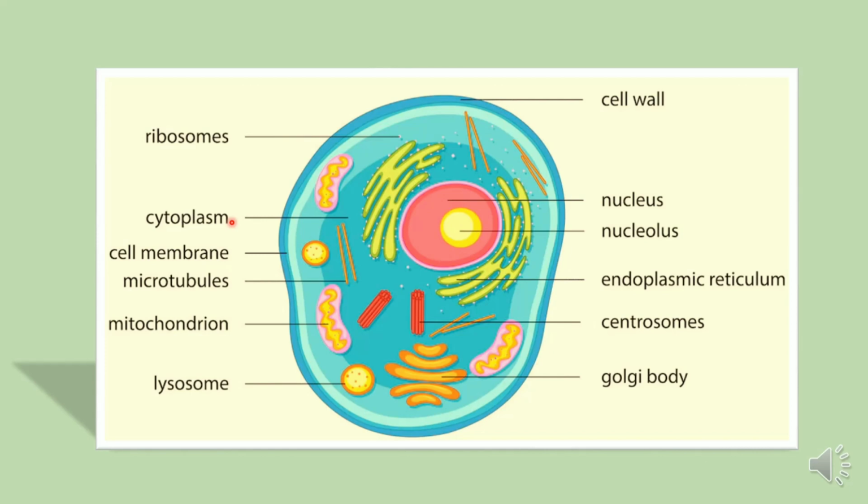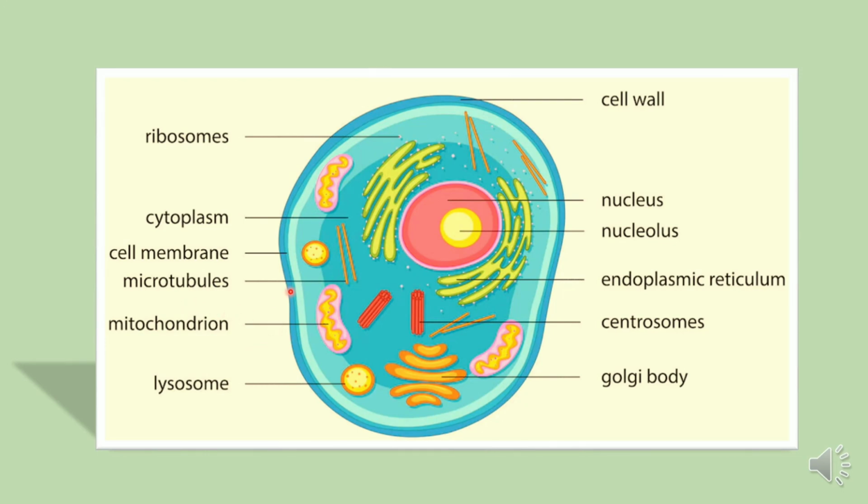Now, endoplasmic reticulum. The endoplasmic reticulum is a network of membranous canals filled with fluid. They are of two types. First is rough endoplasmic reticulum and the second is smooth endoplasmic reticulum. Now, the next one is mitochondria.